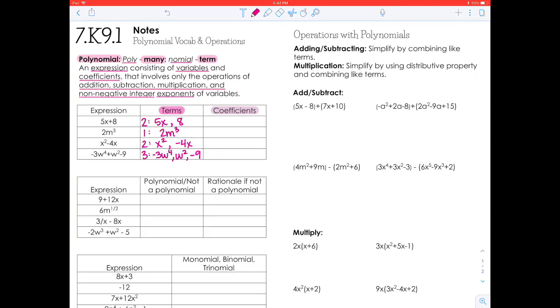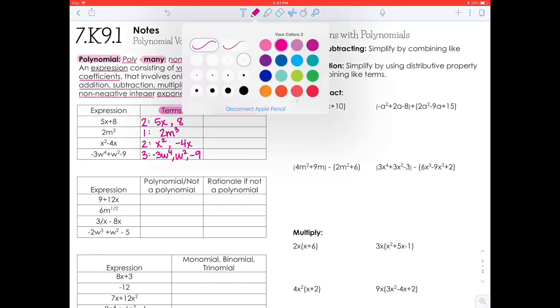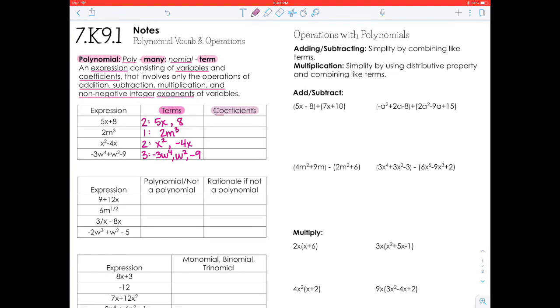Now let's look at coefficients. Remember, coefficients, that's the number that's in front of a variable. Remember that co means with. So it's a number with a variable. We can put that up here, in front of variable.